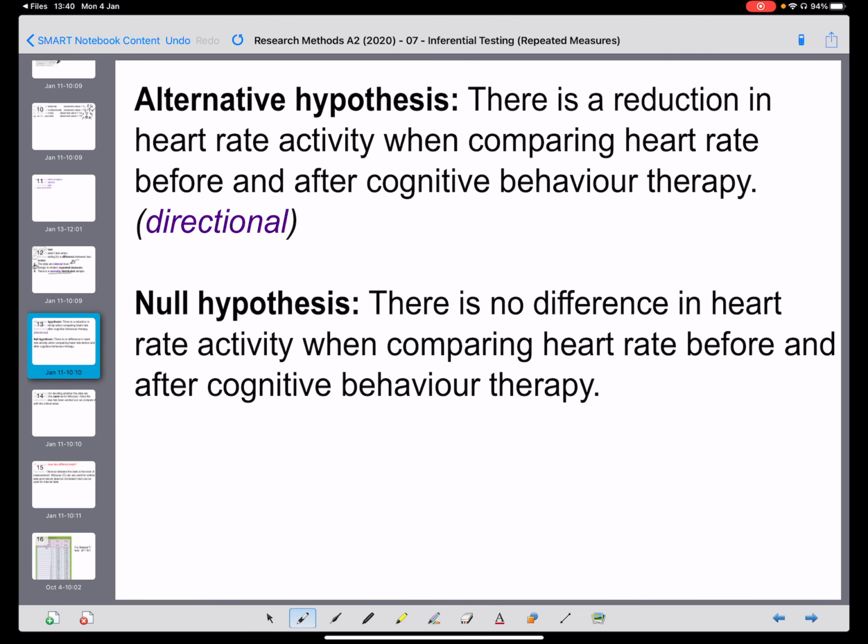Okay, it says there's a reduction in heart rate activity when comparing heart rate before and after cognitive behavioral therapy. Okay, so the reason that it's going to be interval data, of course, is the heart rate activity is measured in beats per minute.